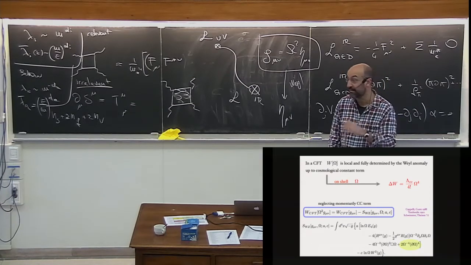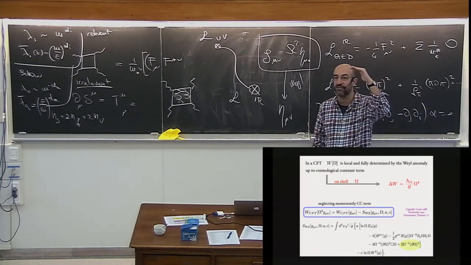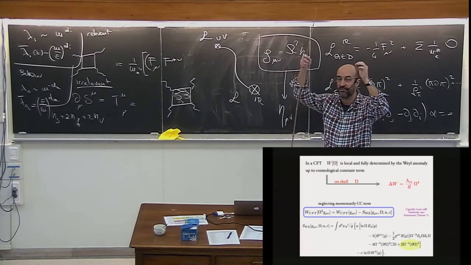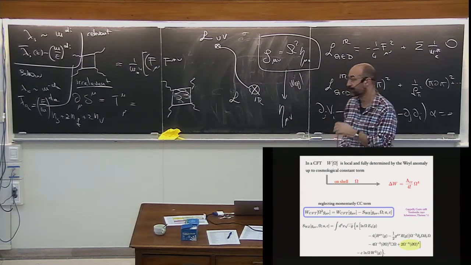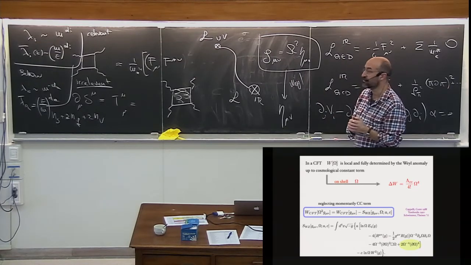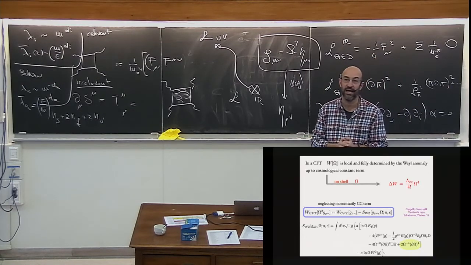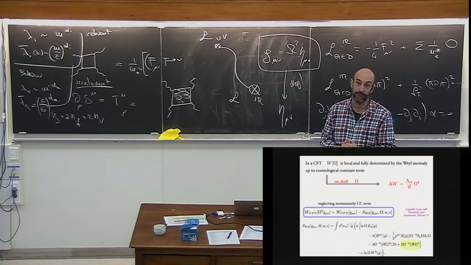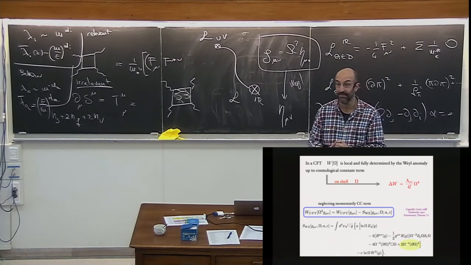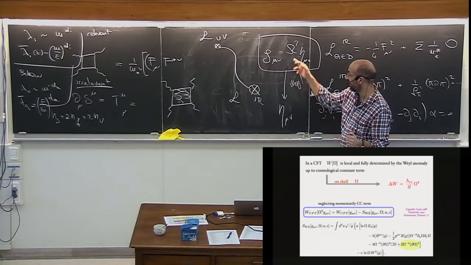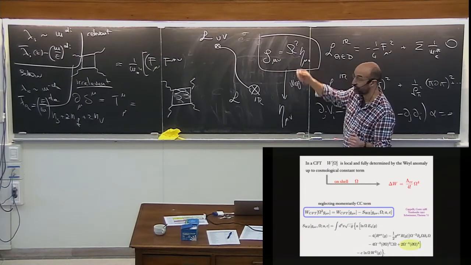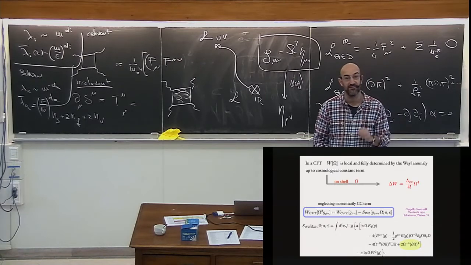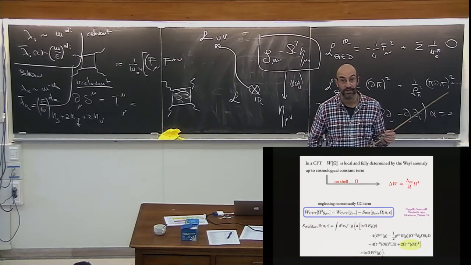It's interesting to keep it. As I said, I may set to 0 the cosmological constant term in the UV, but it will not be 0 in the IR. So up to that, if the theory were exactly conformally Weyl invariant, then I could get rid of omega. But the theory is not exactly Weyl invariant. It's Weyl invariant up to an anomaly.